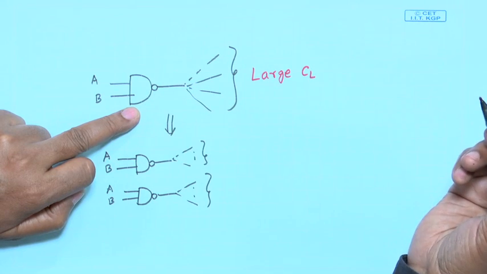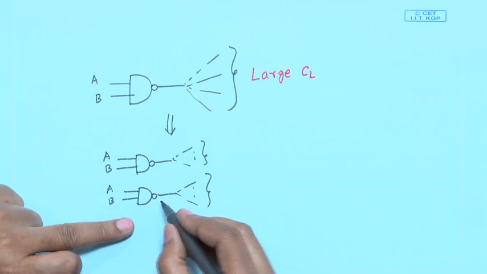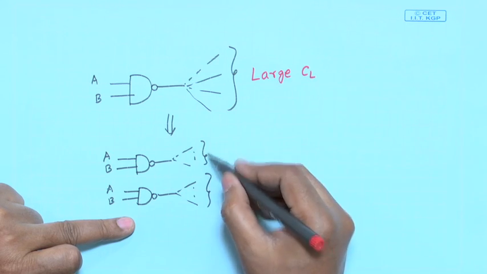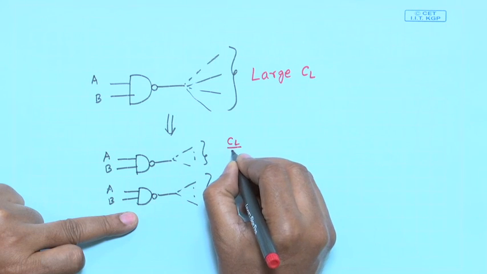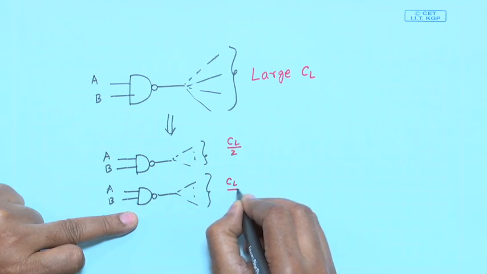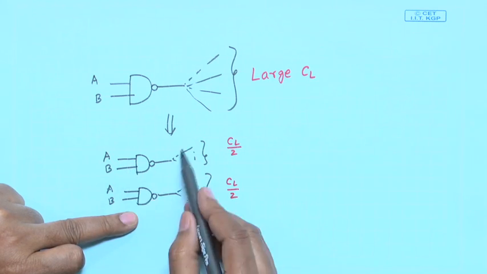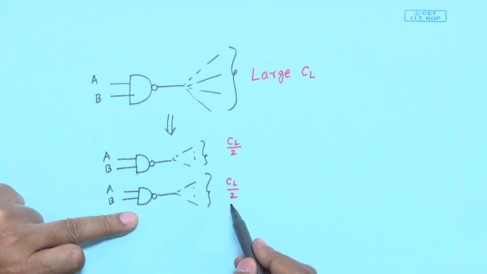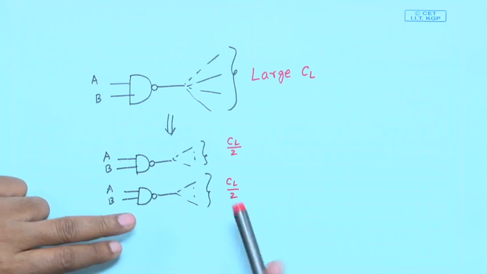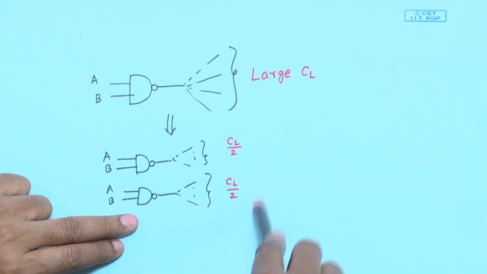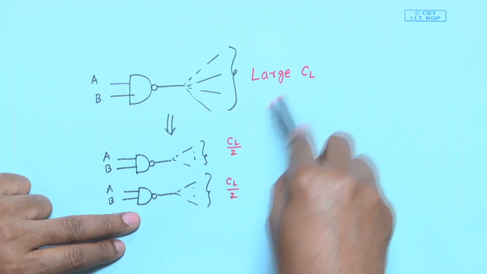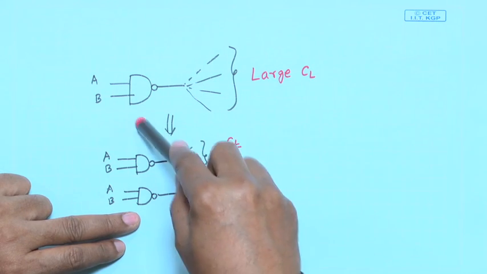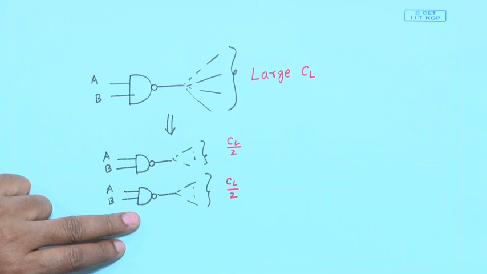So, the overall gate delay will be large, but here we are distributing this CL among two parts. If they are equal, let us say I divide it up into CL by 2 and CL by 2. So, my delay will become approximately half. Here my consideration is only with respect to the charging and discharging times. If I can reduce the load capacitance, my charging discharging time can also reduce.